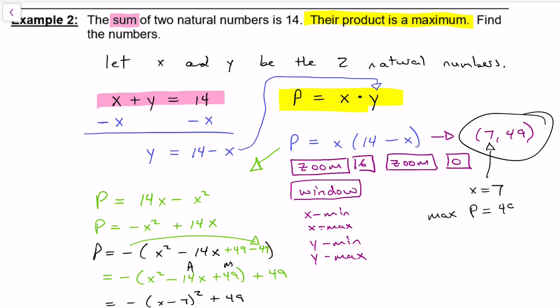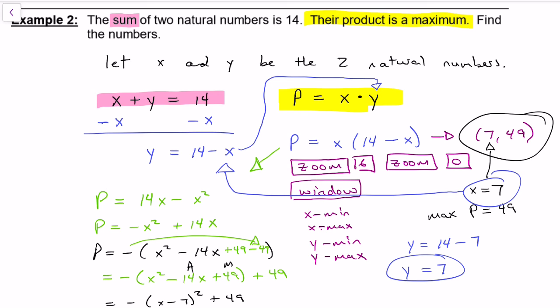Because the question is to find the numbers, once we have the vertex we take this x value and sub it in to find y. I put 7 in for x, and I get y equals 14 minus 7, y equals 7. And you should always write a sentence at the end: I got 7 and 7, so the two numbers are 7 and 7.